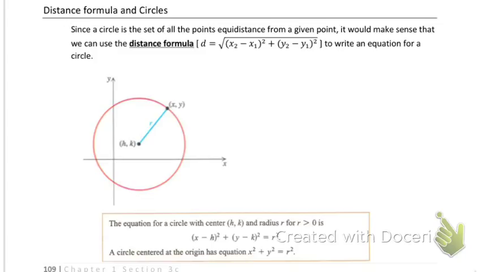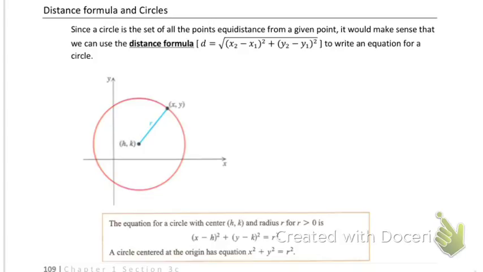Remember, your distance formula is distance equals the square root of one x value minus the other x value squared plus one y value minus the other y value squared. The only difference with a circle is that rather than having x sub 1, x sub 2, we just have an x, y value on the outside of the circle.